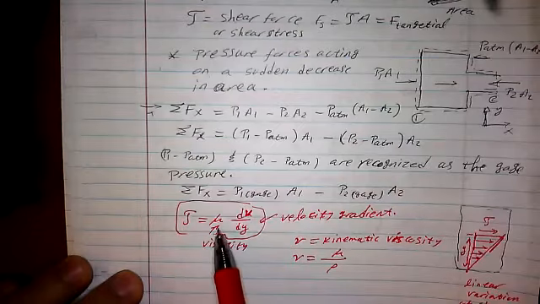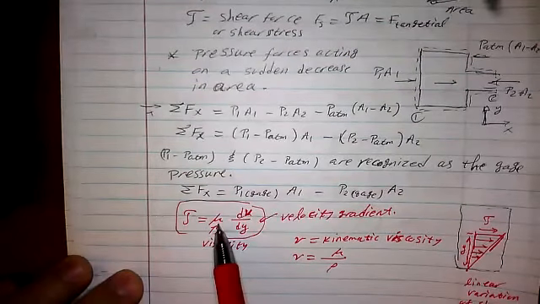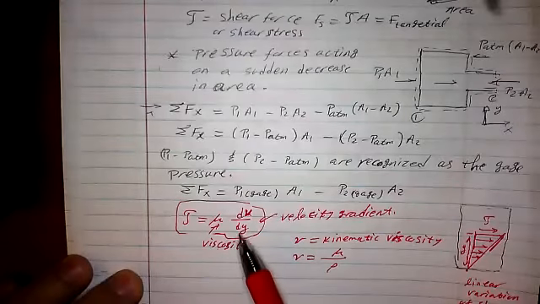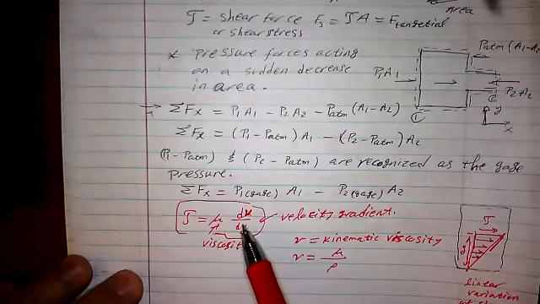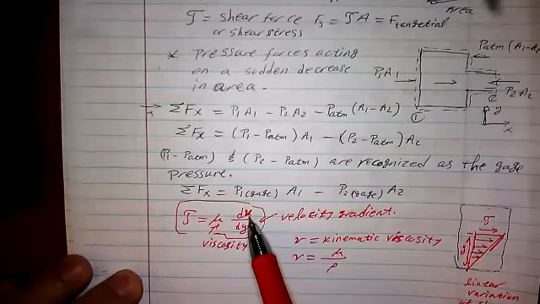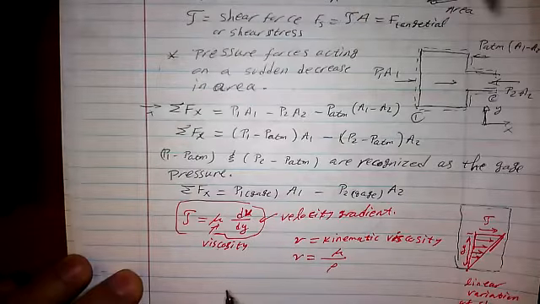Shear stress is proportional to dynamic viscosity times the velocity gradient. It's du over dy, or dv over dy. It depends on how the notation is.